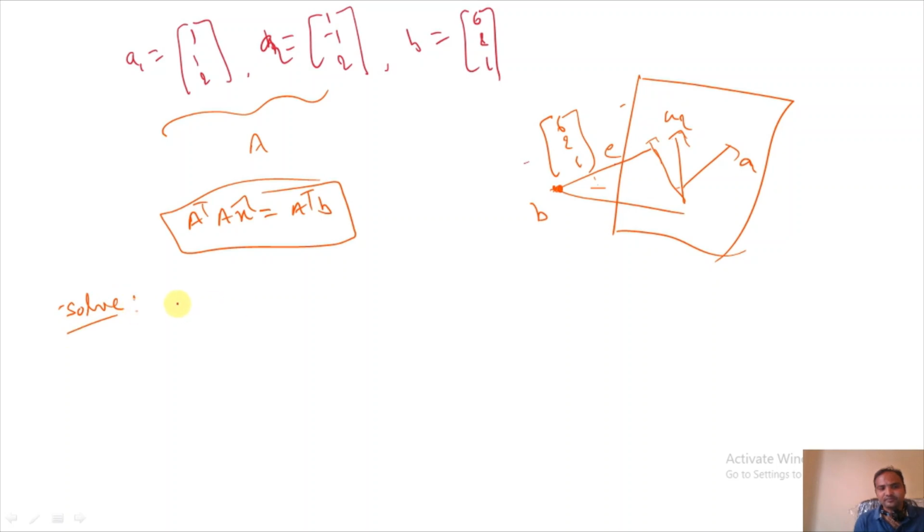Solve this example. Okay, solve this system.